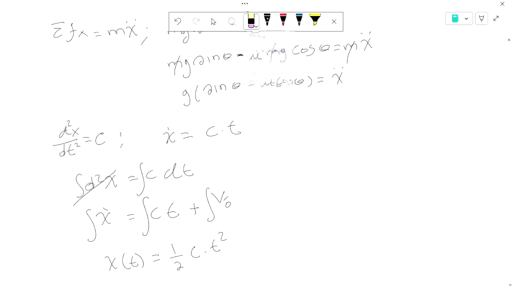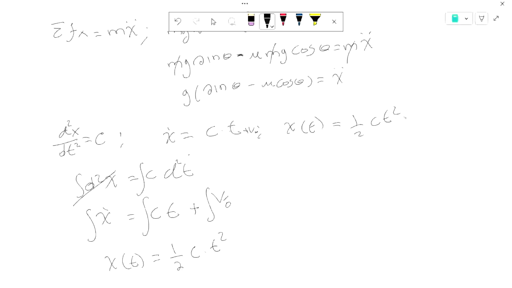So maybe what we need to do is the second derivative with respect to t. Okay, so we integrate once and we get c dt. That's why I was confused, because for a minute I was thinking there was t squared, and it's not t squared, it's the second derivative of t. So if you integrate once, you get c t. If you integrate twice, you're going to get 1/2 c t squared.